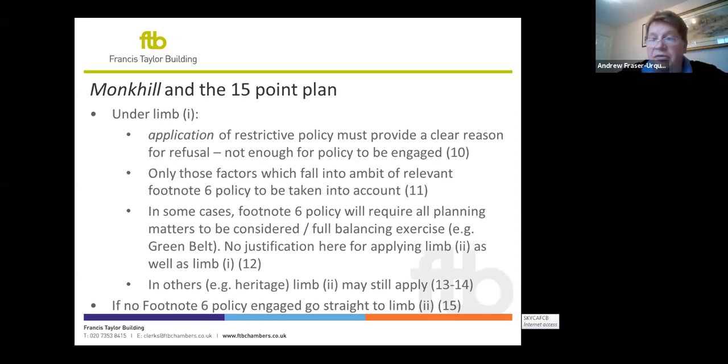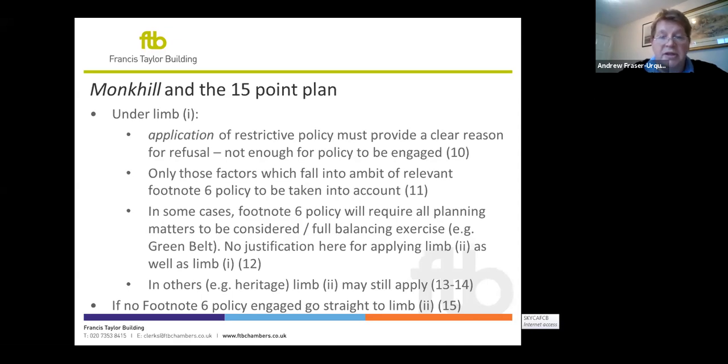However, finally, number 15, and this is really the conclusion of this very helpful, thorough, but frankly utterly logical consideration, drawn simply by reading the document. This is the end of this consideration for Mr Justice Holgate. In most cases, there won't be a footnote 6 policy in play. Often not in an AONB, there isn't a listed building around the corner, and therefore there are no footnote 6 policies engaged.